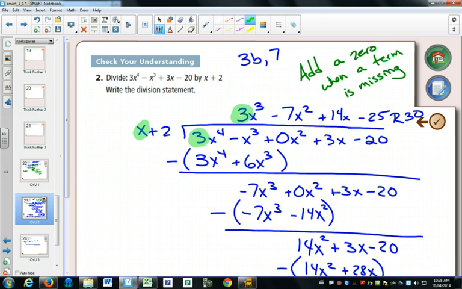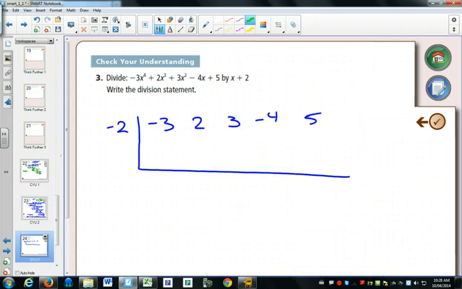Doesn't matter what that number is, that's always going to be the same. So in synthetic division, the first thing we're going to do is say, well, if my first number is a minus 3x to the 4, and I was doing long division, the first thing I would have would be a minus 3. So for synthetic division, they say, just bring down this minus 3, because that will always be there first.